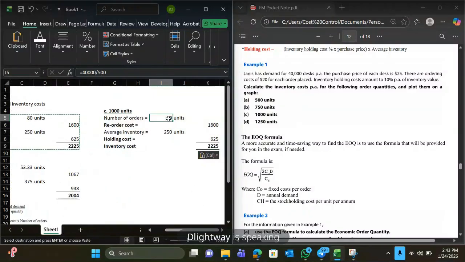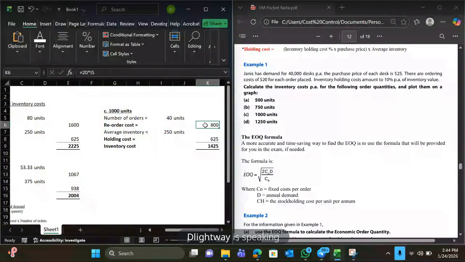So the number of orders is going to be 40,000 divided by 1,000. That's the number we are ordering for, 40 orders. So the ordering cost is going to be this multiplied by $20, which is 800.